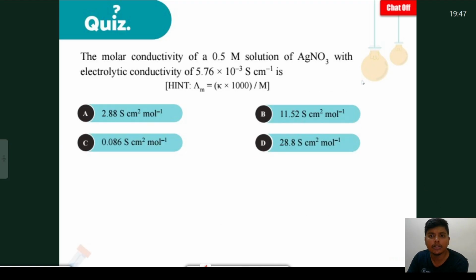Next. The normal conductivity is given. The molar conductivity you need to find out. Go ahead.